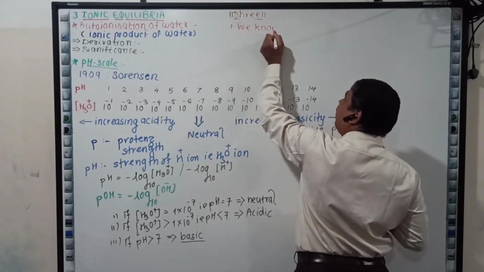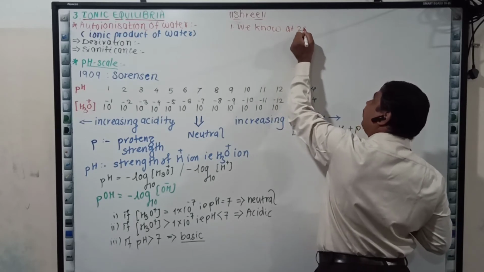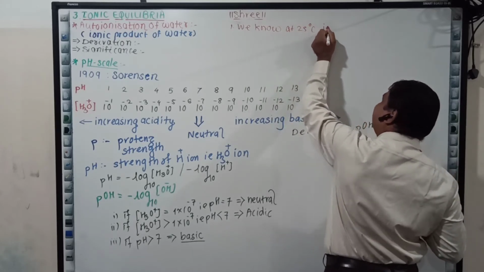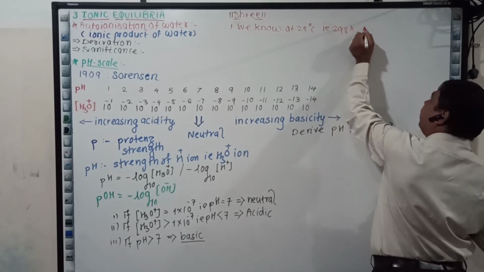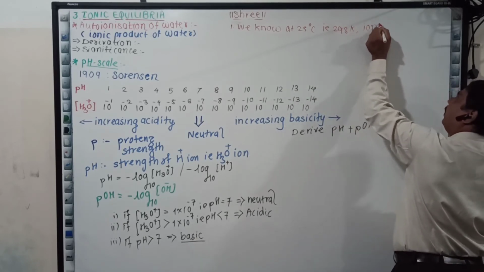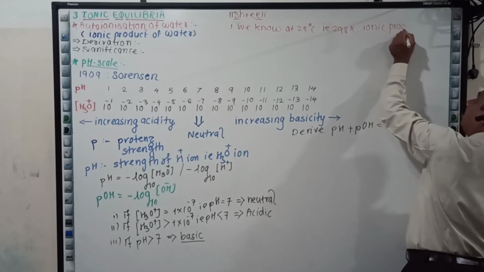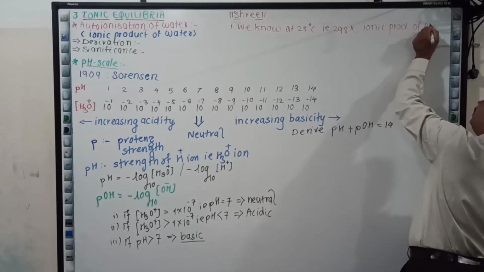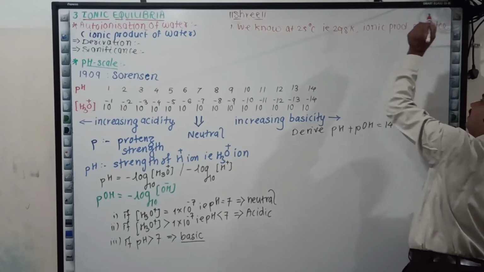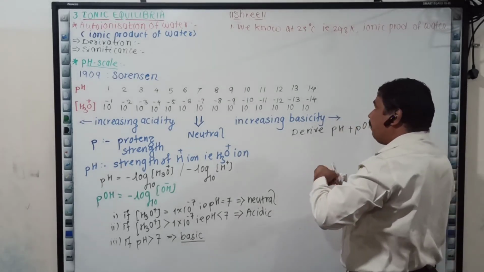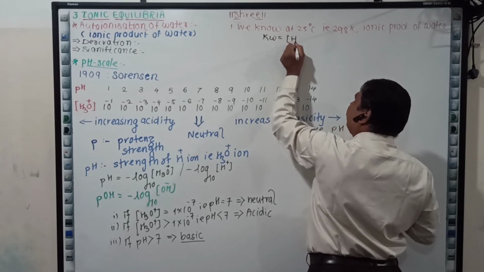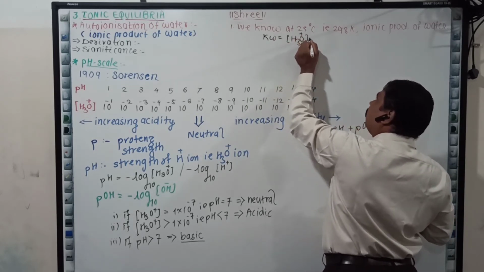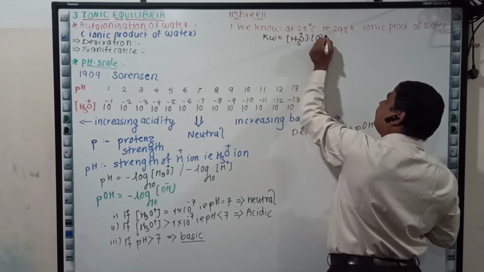we know at 25 degrees Celsius, that is 298 Kelvin temperature, ionic product of water can be given as ionic product of water Kw is equal to concentration of H3O plus into concentration of OH minus.